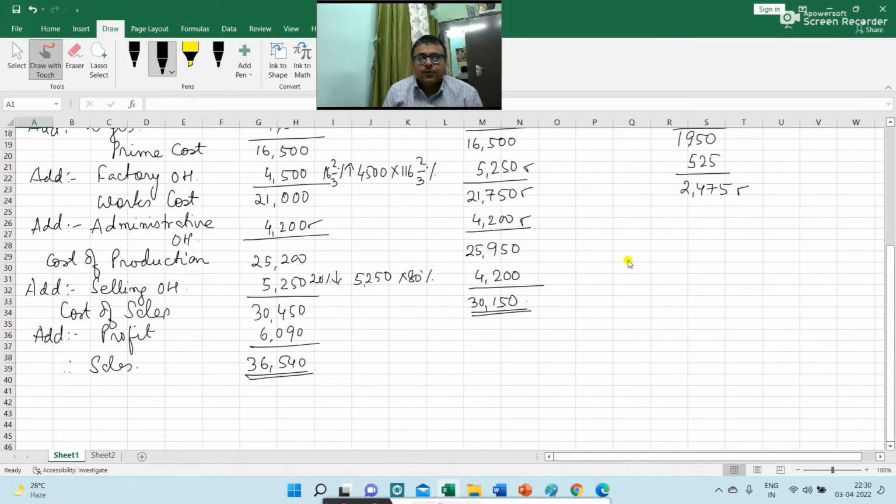Now you put this 478 in the administrative overhead, and you will get the cost of production of rupees 2,953.